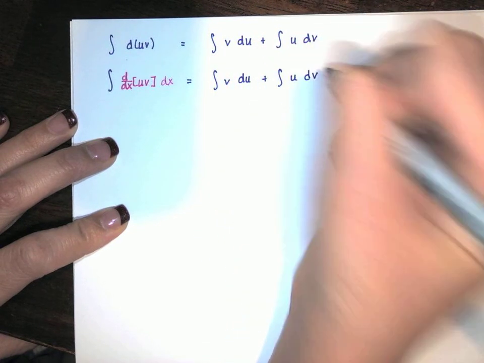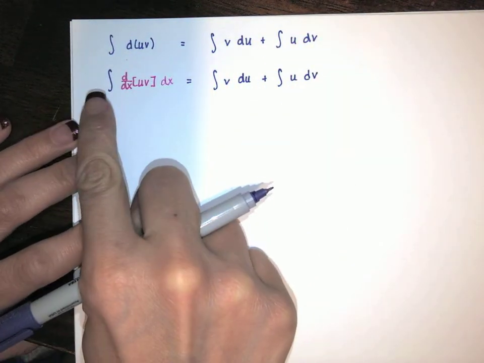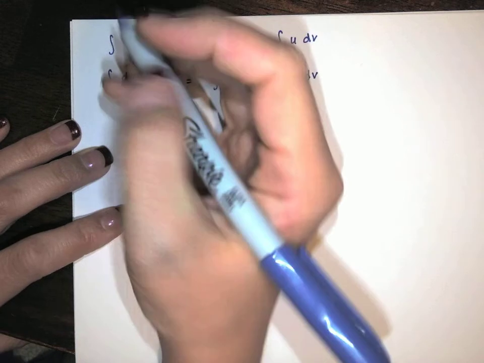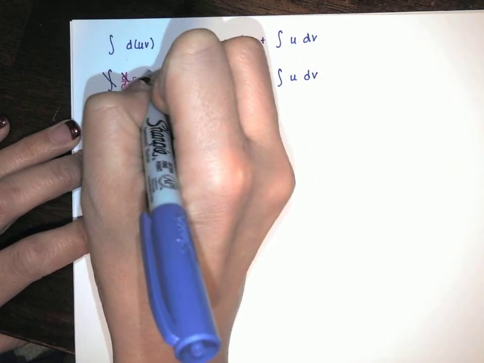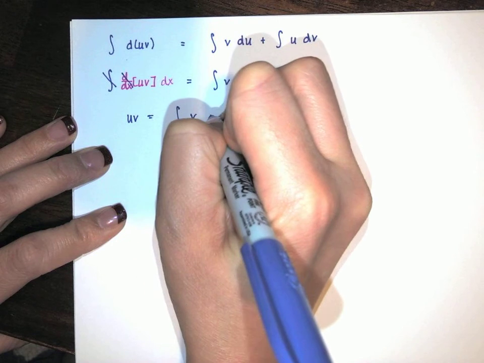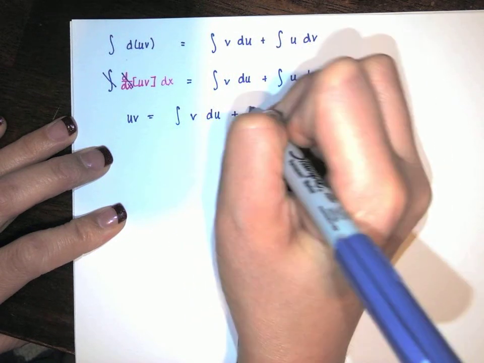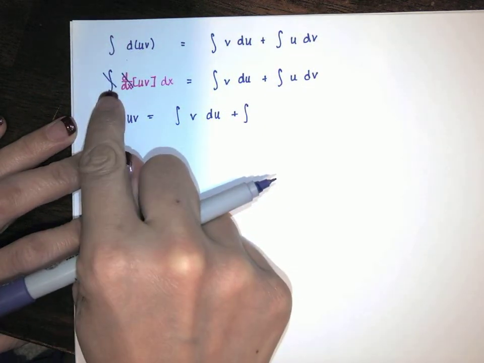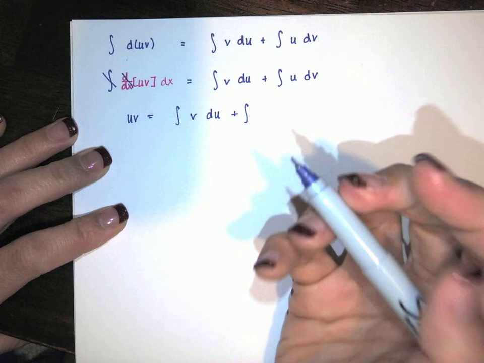So basically I've got the antiderivative of the derivative. These guys are going to undo each other and we're just going to be left with u times v, because the antiderivative and the derivative undo each other.